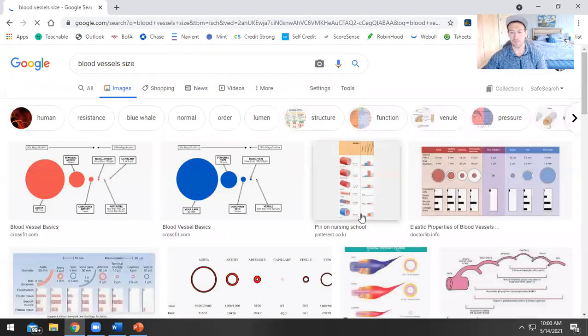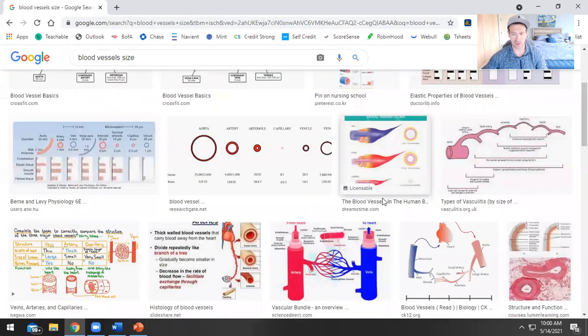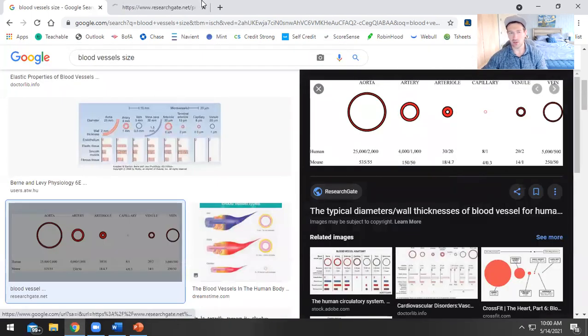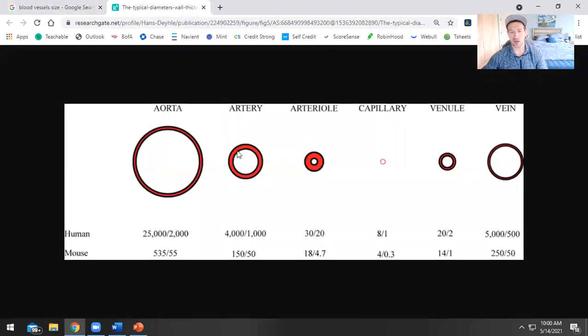So when you look at them, this is what they look like in terms of size, right? You can see arteries are really, really big with these really thick walls. Veins also pretty big, but they don't need the thick walls because the pressure is not quite as high. Obviously, pressure in an artery is going to be much, much higher than pressure in a vein, because your heart just contracted, right?